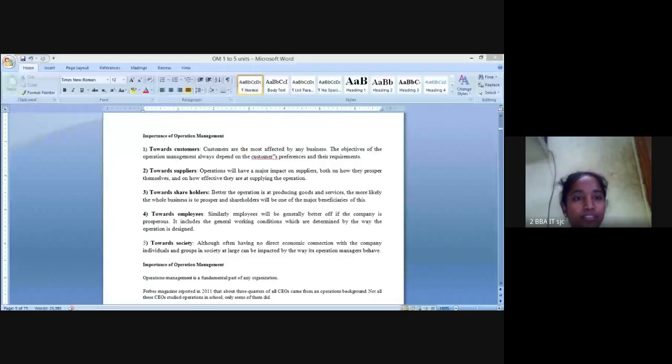And to compete in an ever-changing market, operations managers need to work efficiently and productively to maximize their profits. Operations management also influences customer service, product and service quality, and all the methodologies.